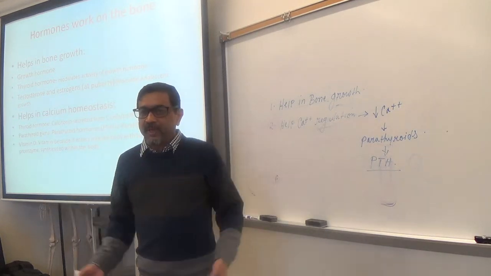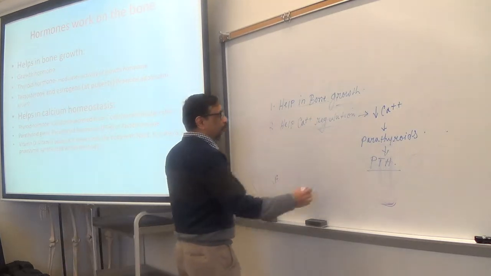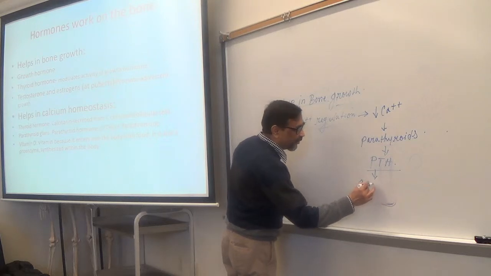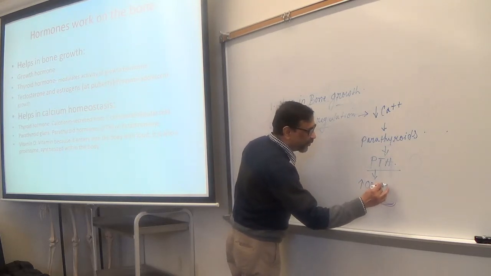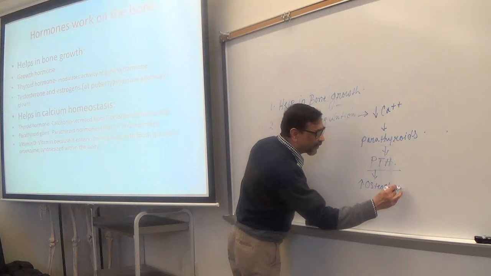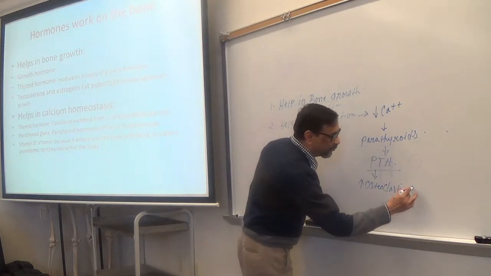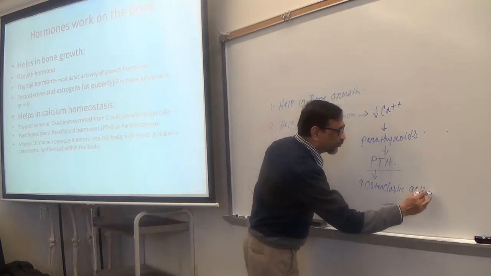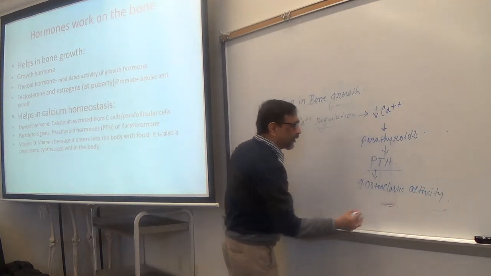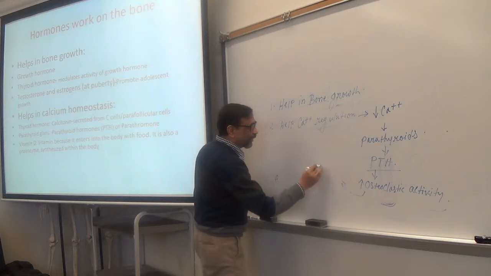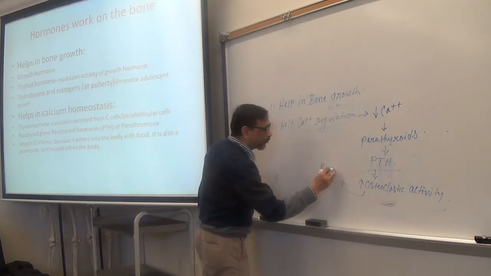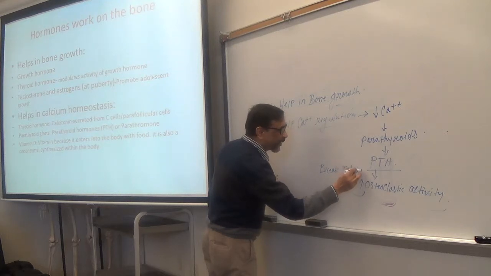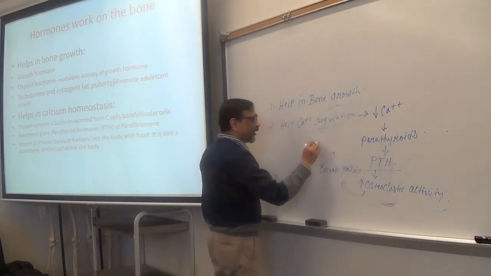Very simple. The parathyroid hormone will increase osteoclast activity. Activate the osteoclasts. Okay? So that will break the matrix of the bone, which stores a huge amount of calcium. So calcium will be released.